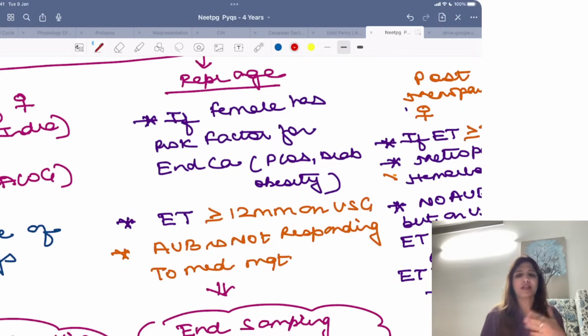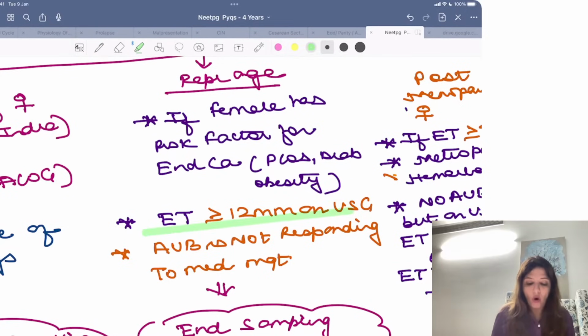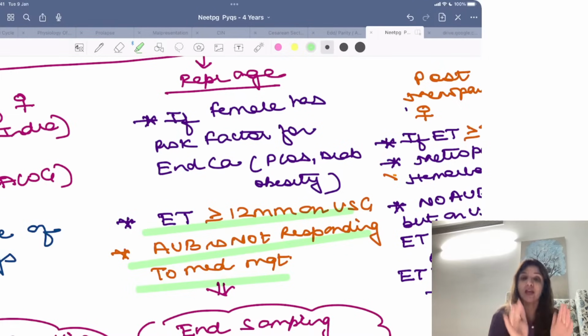That risk factor could be diabetes, obesity, PCOS, or if endometrial thickness is more than or equal to 12 millimeters on ultrasound, or if AUB is not responding to medical management, then you have to go for endometrial sampling in reproductive age females, right?